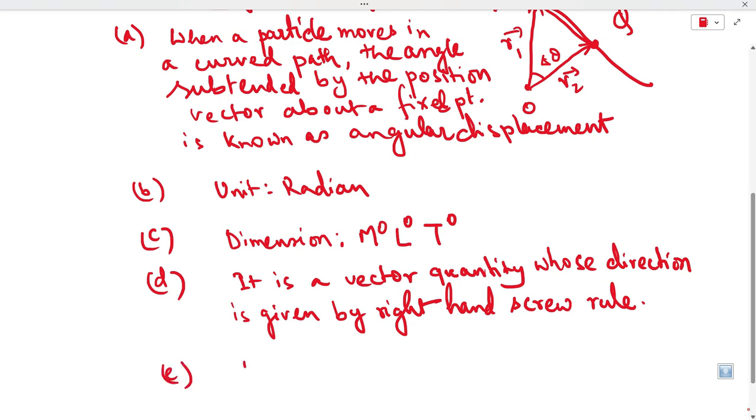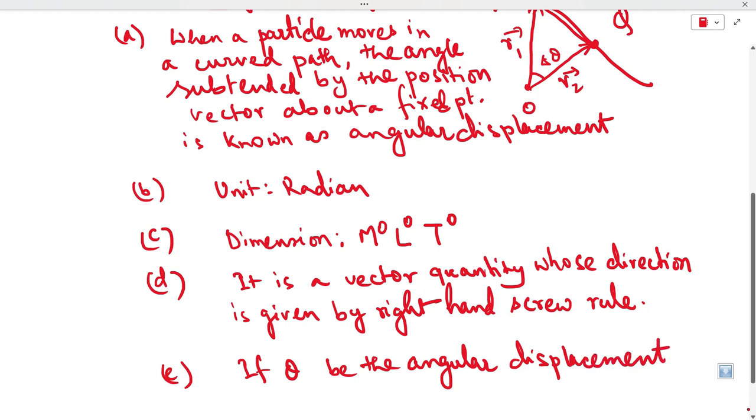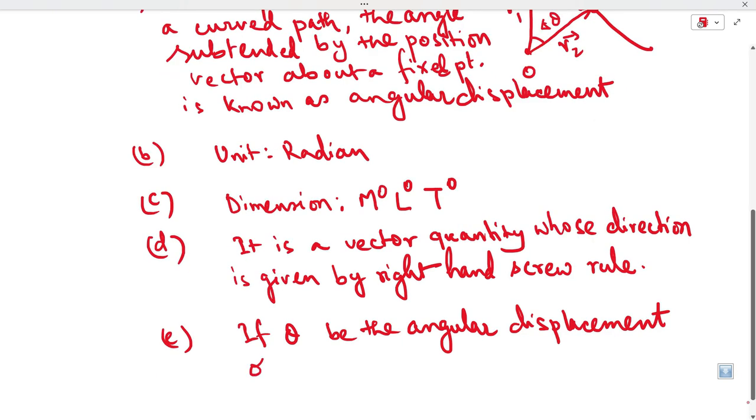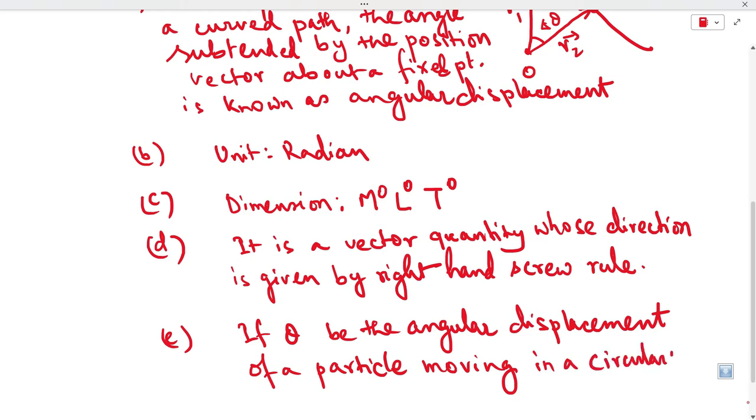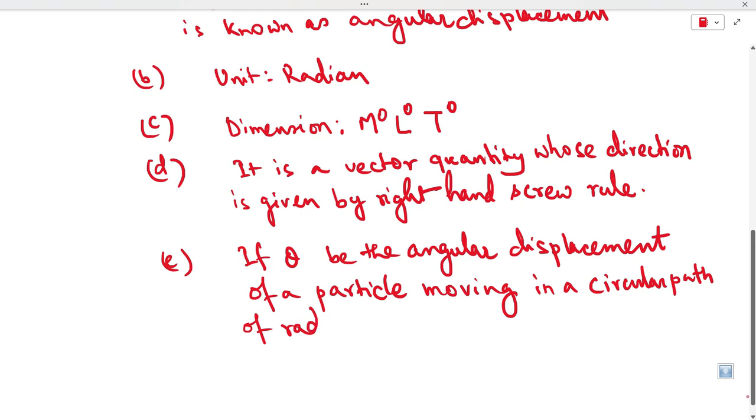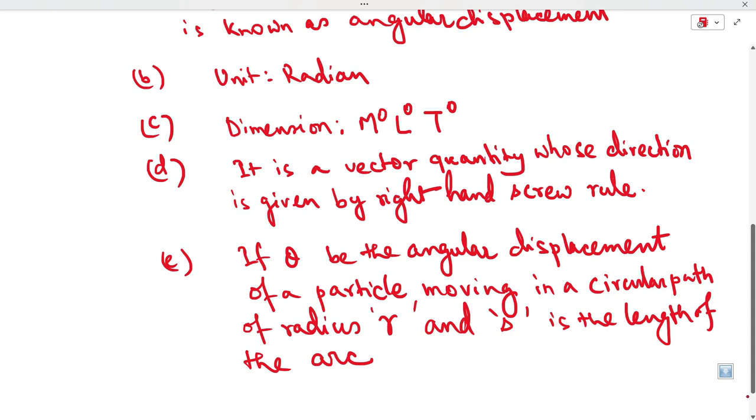So if theta be the angular displacement for a particle moving in a circular path of radius r, and S be the length of the arc, then S is equal to r theta.